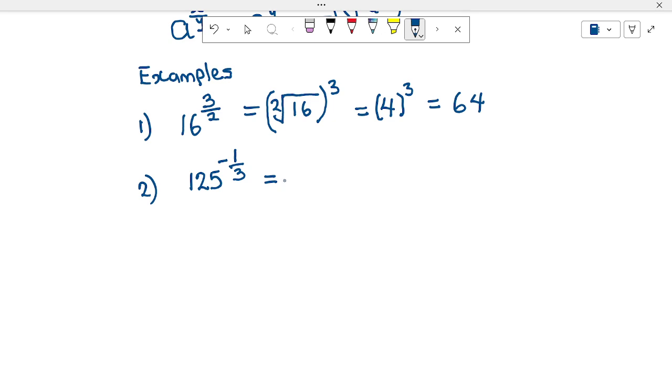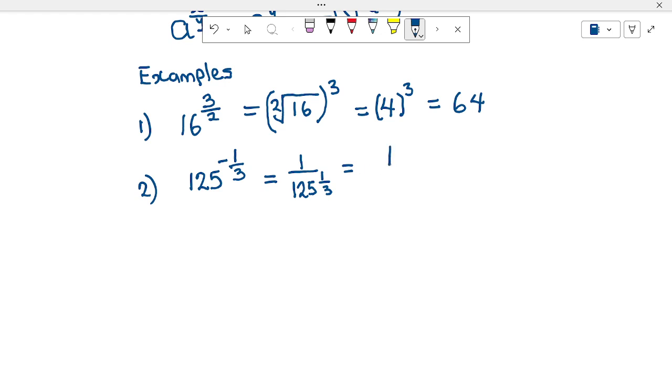Yes, it somersaults it. You're correct. So we then have 1 all over 125 raised to power 1 all over 3. You are very correct.